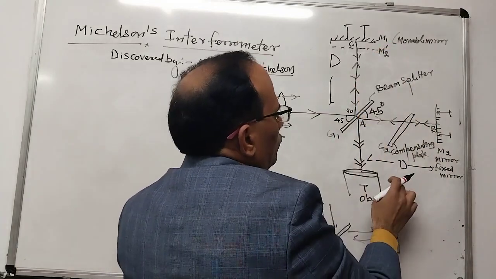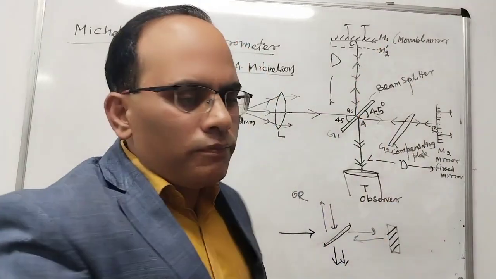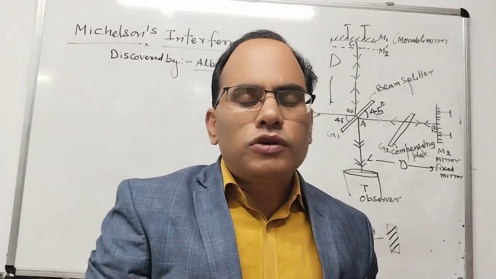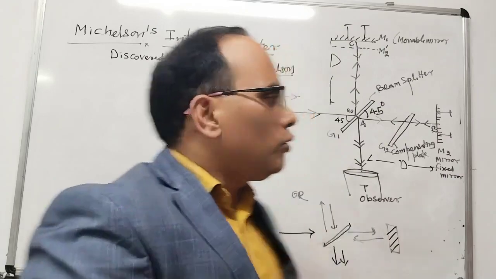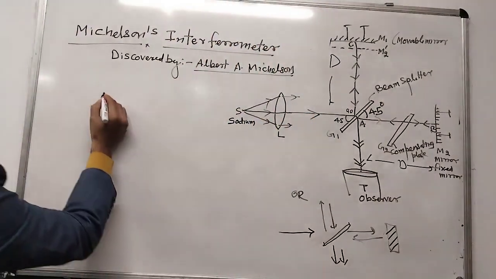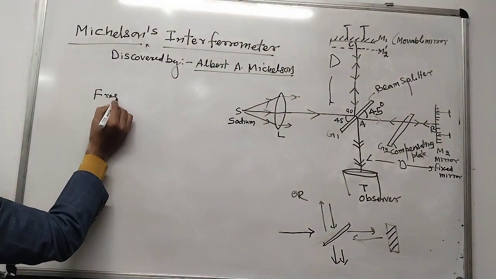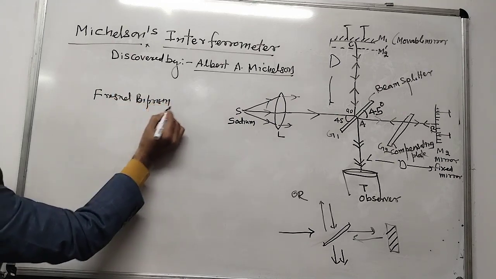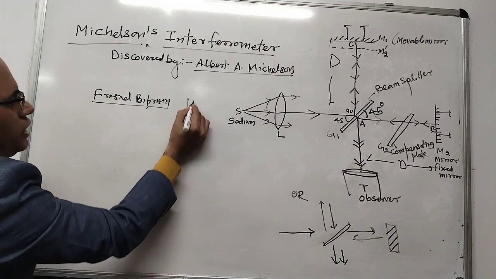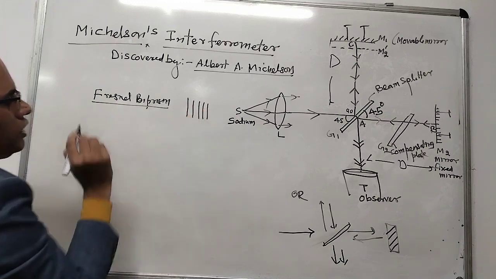So the previous two topics, Newton rings and the Fresnel biprism. As you know, in the Fresnel biprism, we get straight fringes. This type of fringes, a straight pattern, we get in the Fresnel biprism.